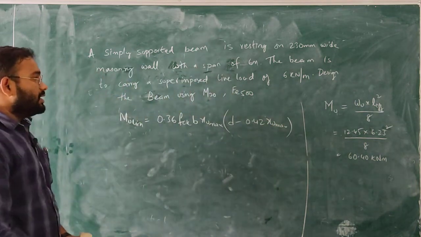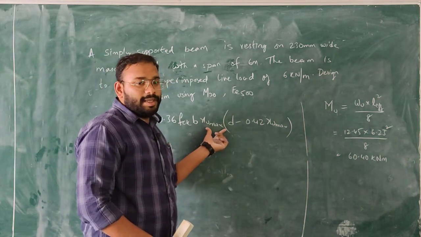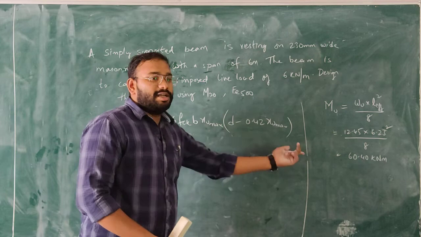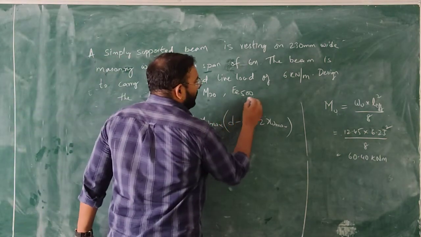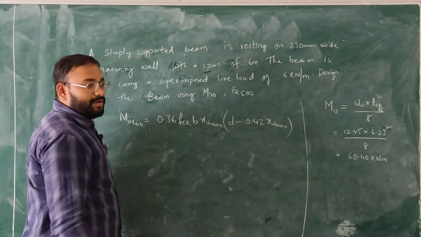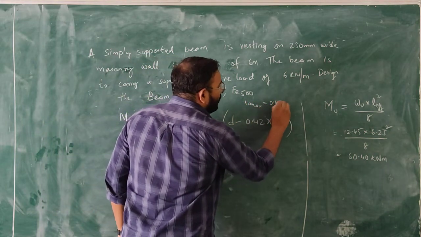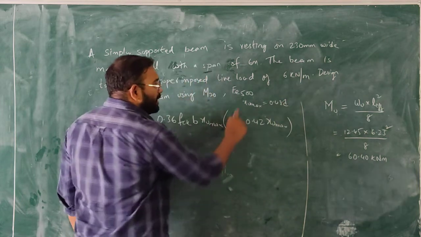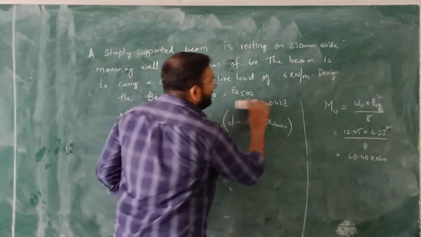In this formula, you need to substitute Xu max in terms of D. Xu max is equal to some factor multiplied by D. Now, in the previous problem, you were given Fe 415. For Fe 415, Xu max was equal to 0.48 times D. Now, here you have Fe 500. So, you need to compute this relation.